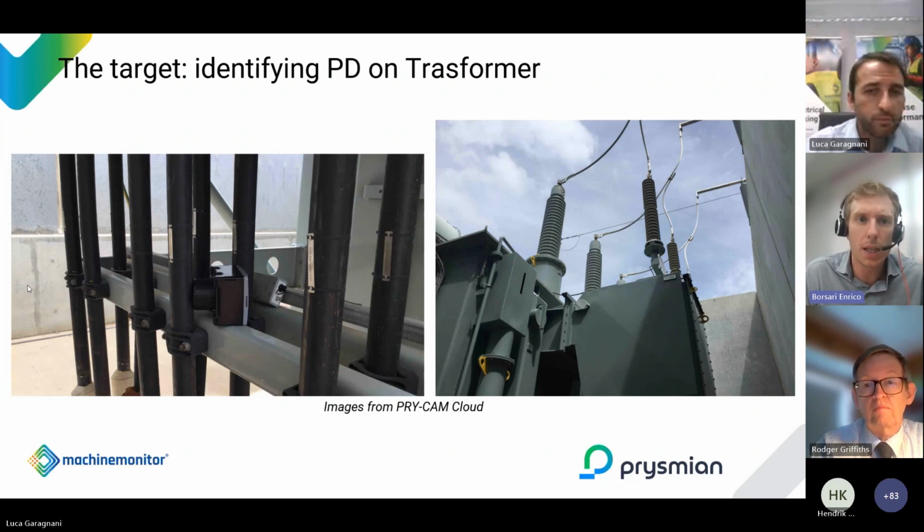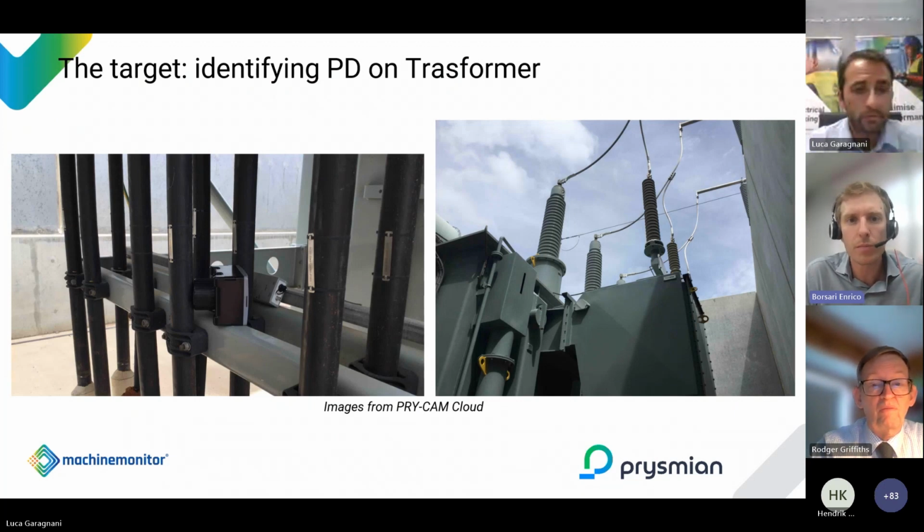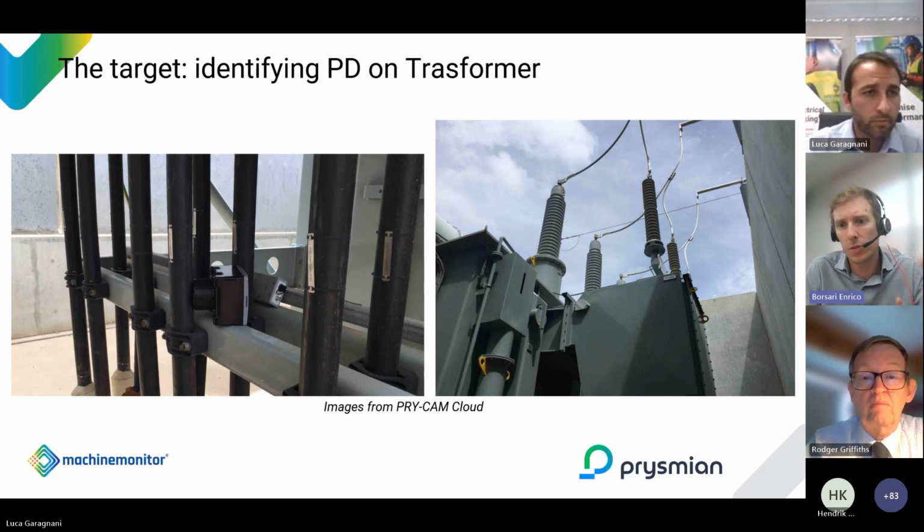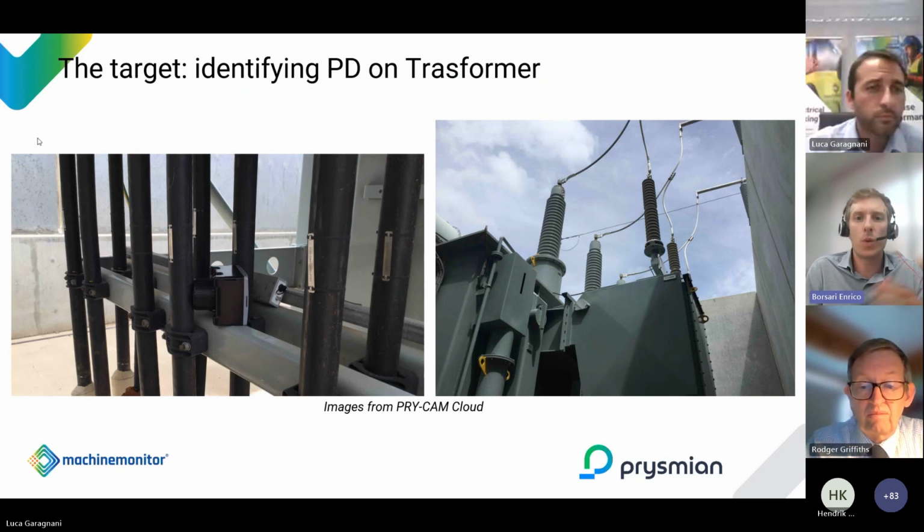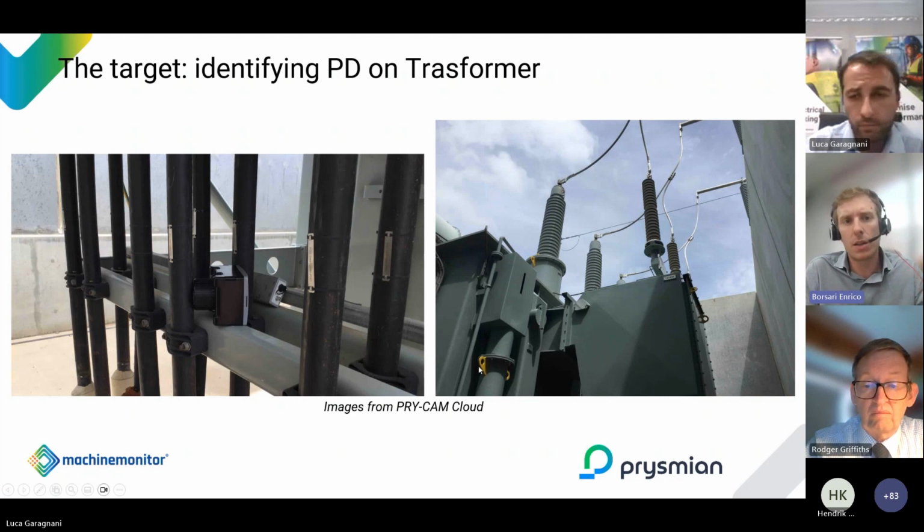In this case, the target was a transformer, and the activity conducted was to monitor the primary side of the transformer, the secondary side, and the transformer tank. You can see a picture of the secondary side to the left and the primary side to the right.